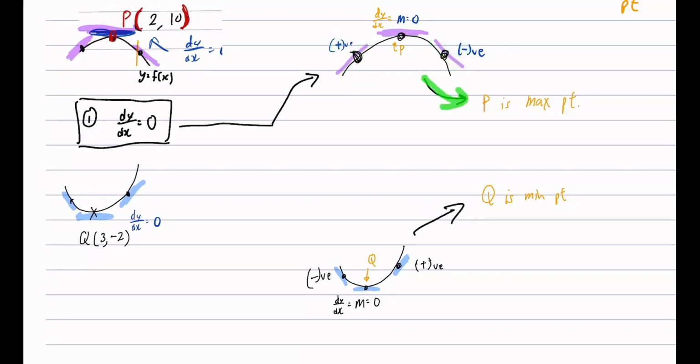Then you conclude it's a maximum point, in addition to dy by dx equals 0. This is the first path. The second path is dy by dx equal to 0. Then you figure out d2y by dx squared. In this case, you want a sad face, right? When do you get a sad face?